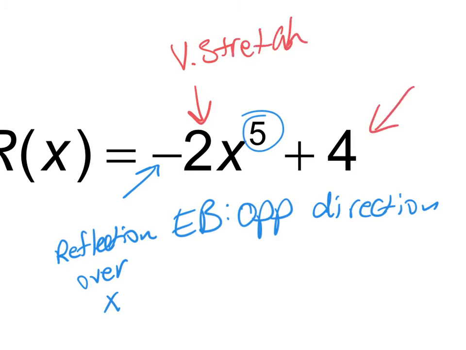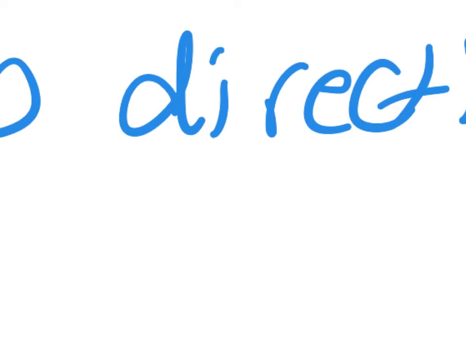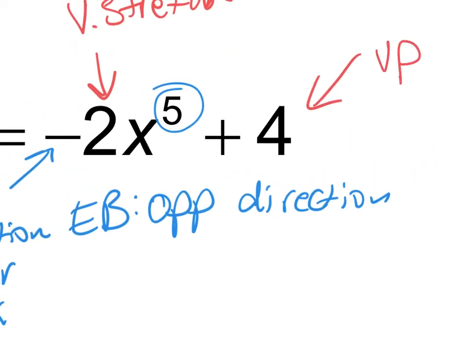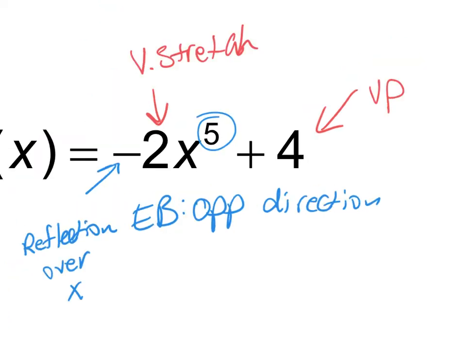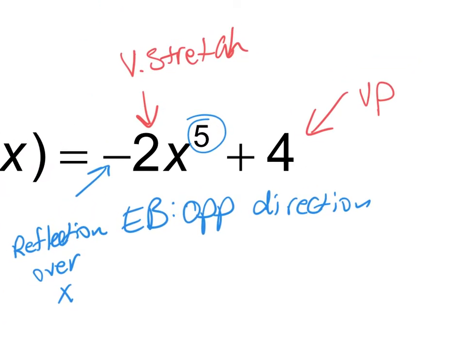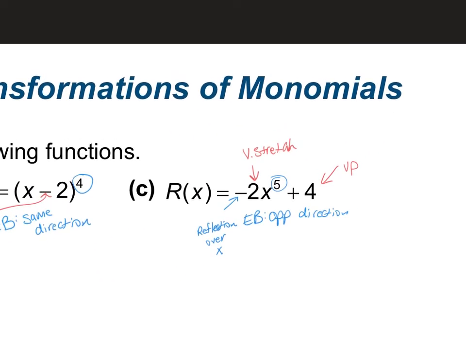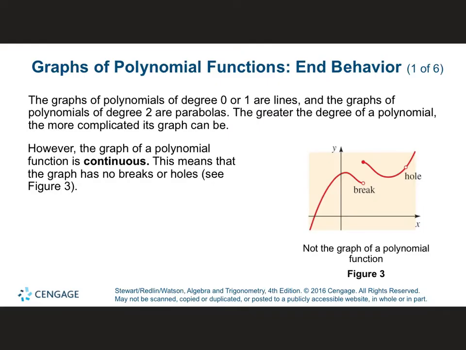What does that plus 4 at the end mean? It's going to go up 4. It's not in parentheses or anything like that, so it's going to go up 4. But you can tell all sorts of different transformations just by looking at the equation itself. Questions? Anybody have any questions? Okay. Moving along.